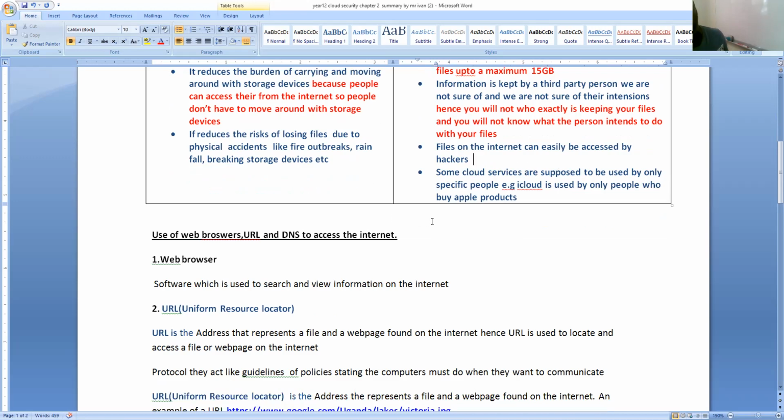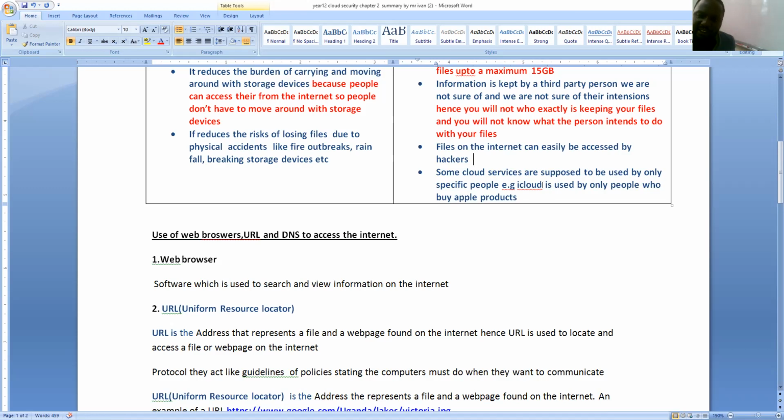Some cloud services are supposed to be used by only specific people. This is true. Are you with me? Yeah. Some cloud services are only used by specific people.